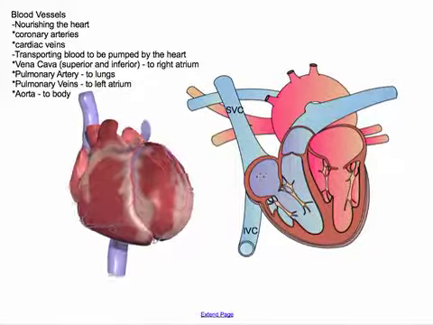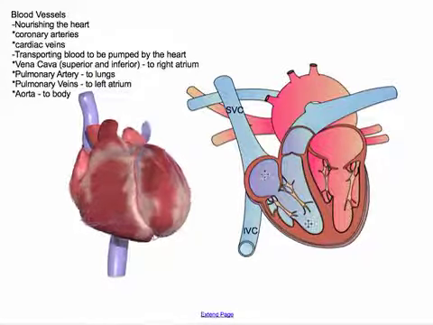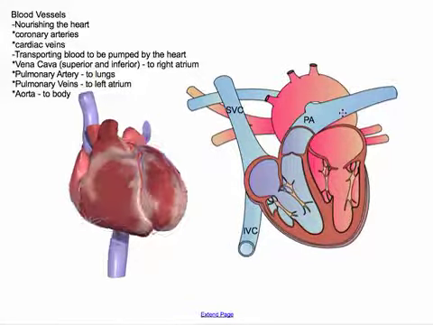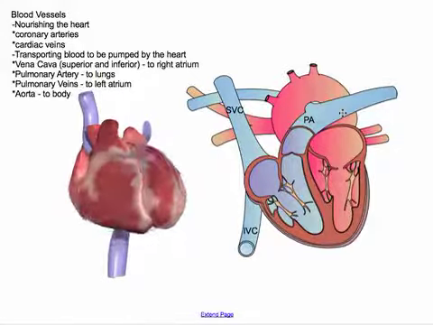Now, when the deoxygenated blood goes from the right atrium to the right ventricle, it has to be pumped out, and it's going to be pumped out through the pulmonary artery. Now, most people think that arteries are going to carry oxygenated blood, but this is an example of when that is not true. What you need to know is arteries always go away from the heart.